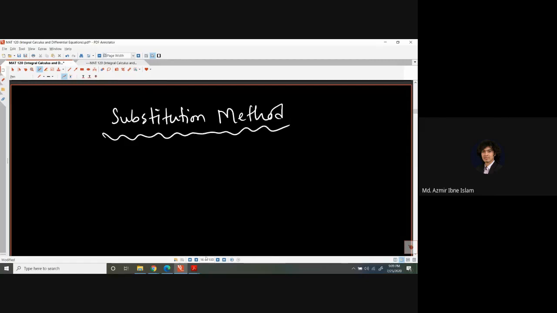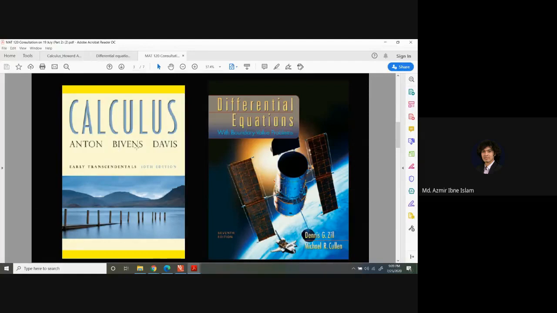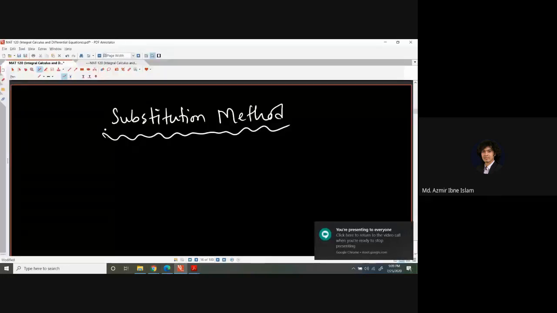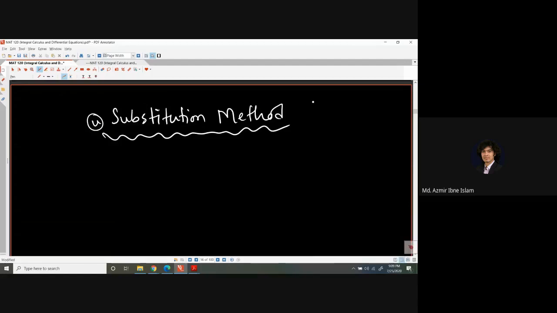But since I am following this reference book, Calculus, written by Anton Bivens Davis, the authors have used the variable u. So that's why that section, section 5.3, deals with u substitution method.